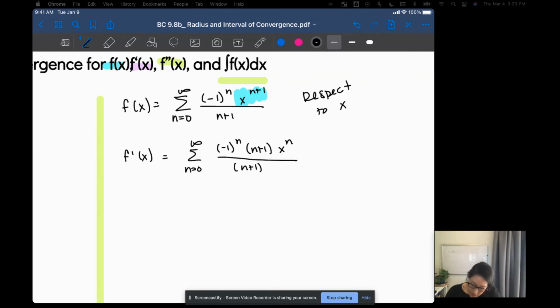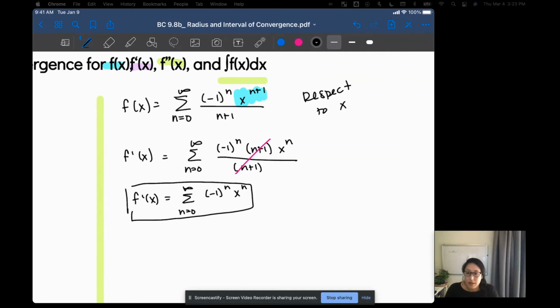Okay, so my n plus 1s are going to cancel. So f prime of x is equal to the sum from n equals 0 to infinity of negative 1 to the n times x to the n. This right here is the series for the first derivative. It's just like that.